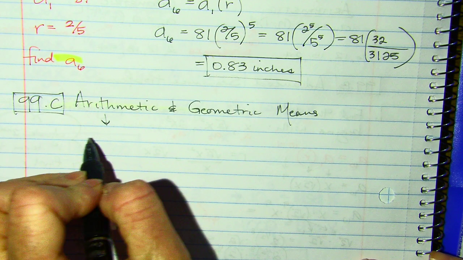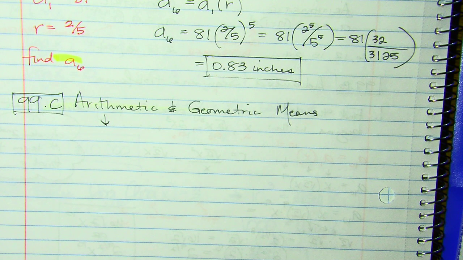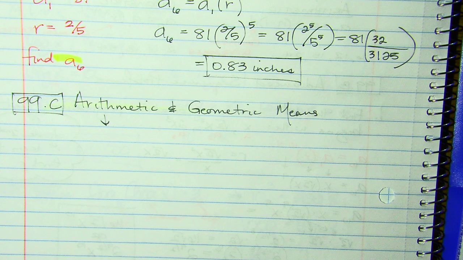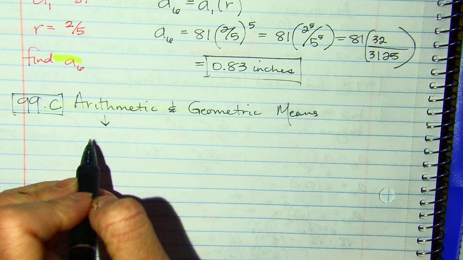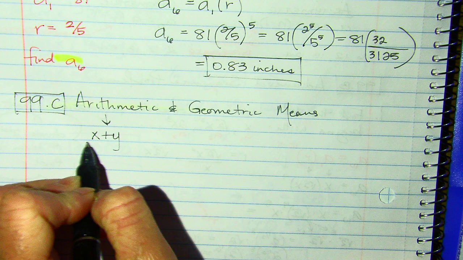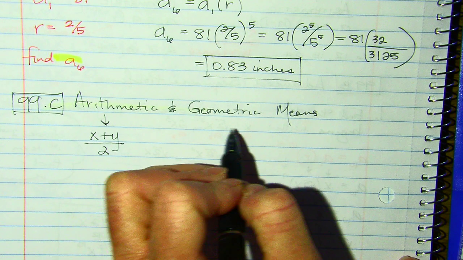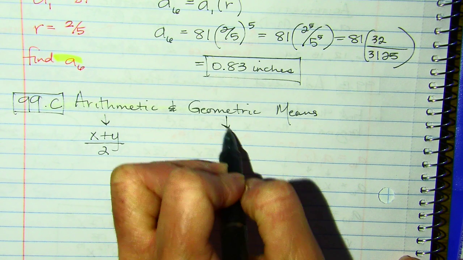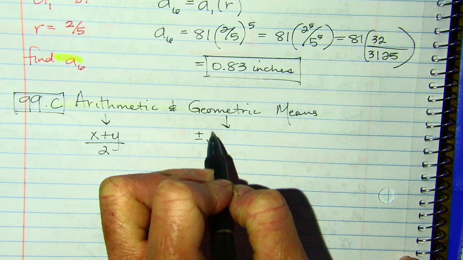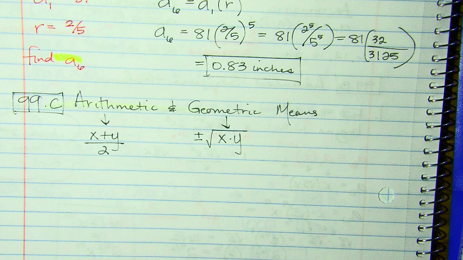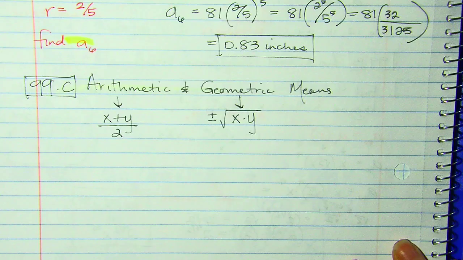An arithmetic mean is two terms added together and divided by 2. A geometric mean is plus or minus the square root of the two terms multiplied together. Okay?